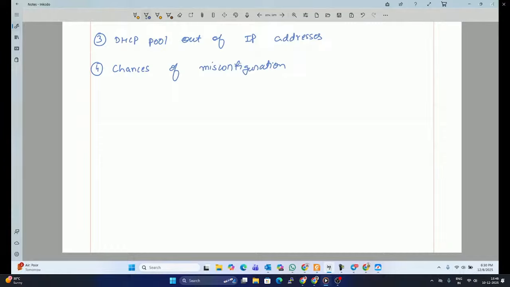Let's say we were supposed to configure a pool 192.168.128.0/24, and instead of this, you typed 127.0/24. So guys, we have to accept that we can make mistakes, we can make spelling mistakes, and we can make subnet mistakes also.